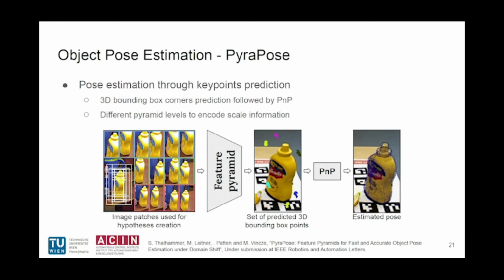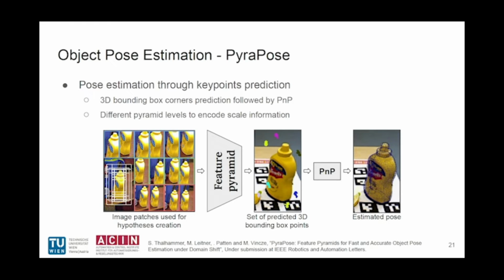And then the way you obtain the pose estimate itself is slightly different. Instead of predicting densely for every pixel the pose estimate or the corresponding position in the reference object model, what you predict is the position of the corners of the bounding box.